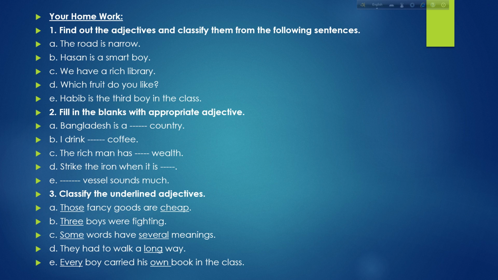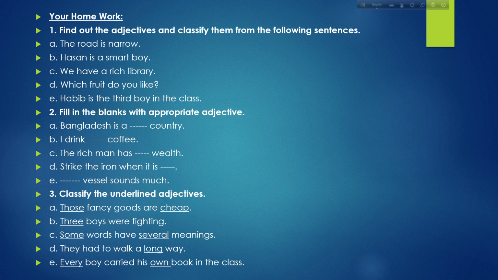Now some homework for you. Number one, find out the adjectives and classify them from the following sentences. There are 5 sentences. You have to underline the adjectives and classify their types. Whenever you are classifying a numeral adjective, you should mention whether it is cardinal, ordinal, multiplicative, or indefinite numeral adjective.